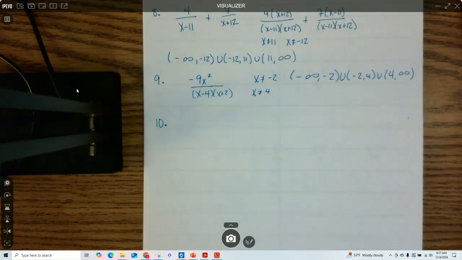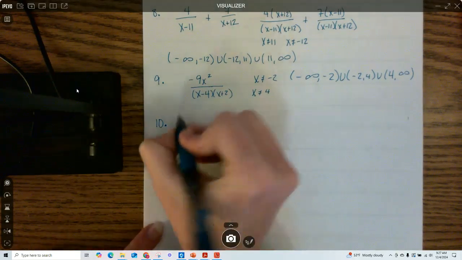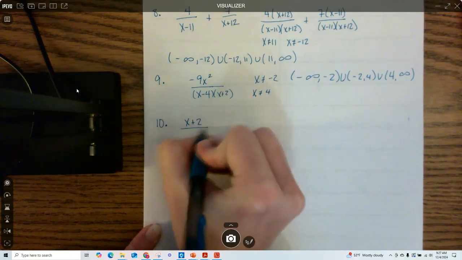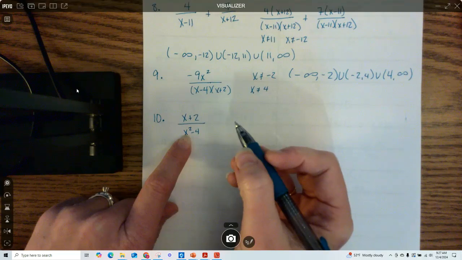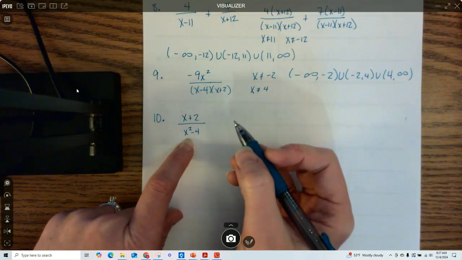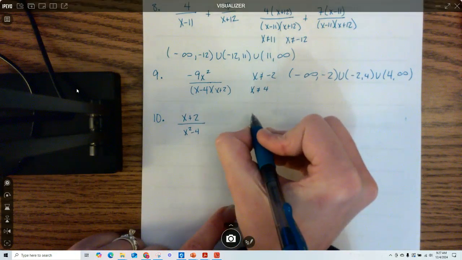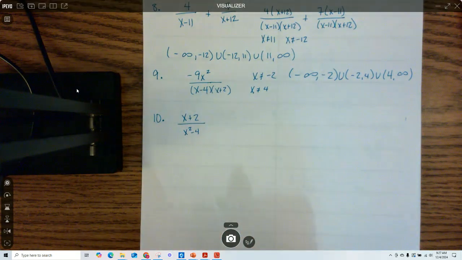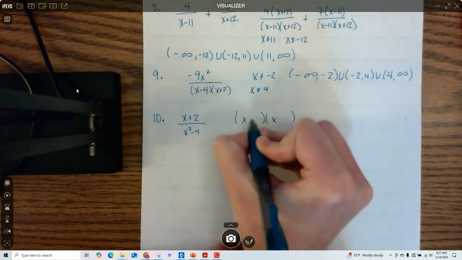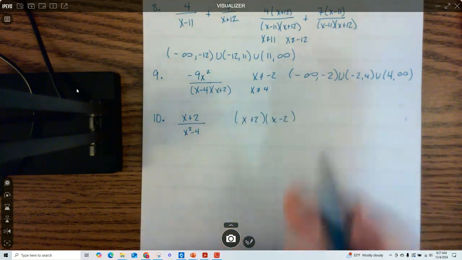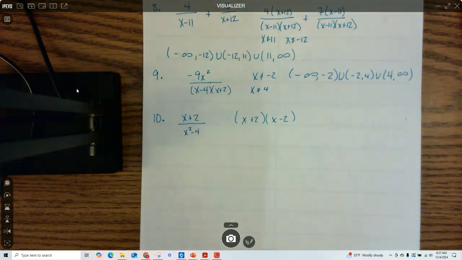All right, 10. x plus 2 over x squared minus 4. Okay, this one we got to factor. So I think that's the difference of two squares. When you do a lot of math, things will pop out at you.